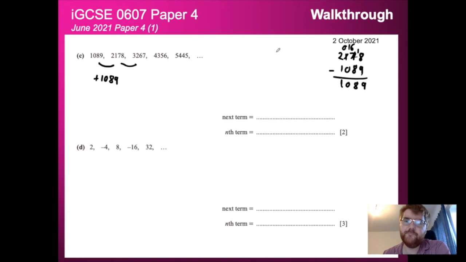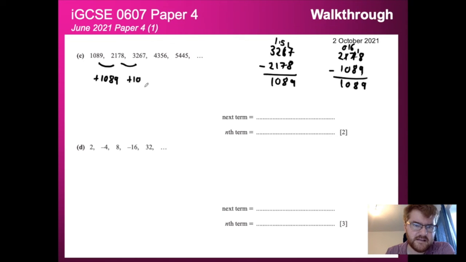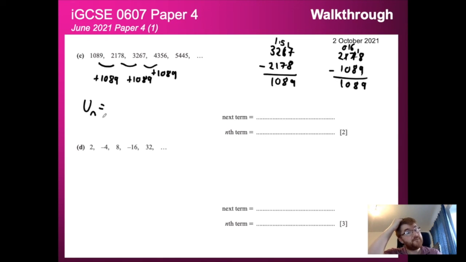If we look at this one, I think it's the same, but let's just double check. 3267 minus 2178. Do the same thing, got some borrowing going on. And we get the same number, yes we do. So we get plus 1089. I assume the rest are like this as well. So our nth term, this is a linear sequence, just because it's a weird number doesn't mean it's not a linear sequence.